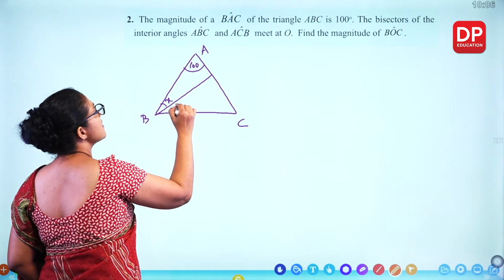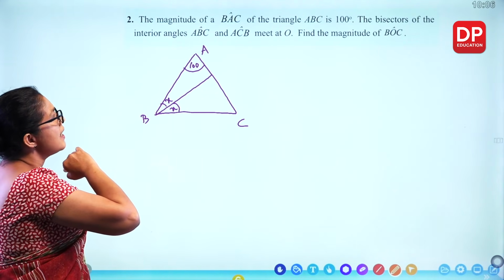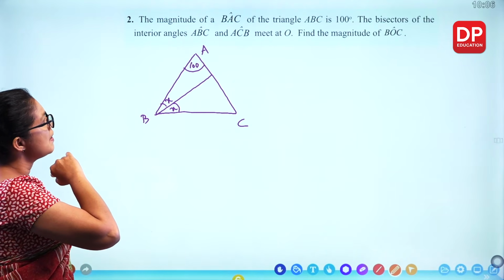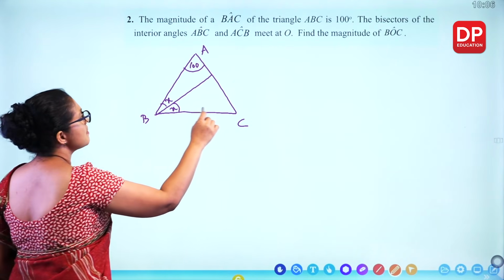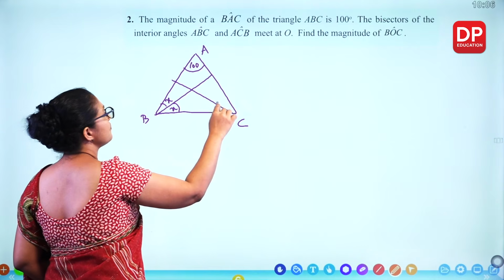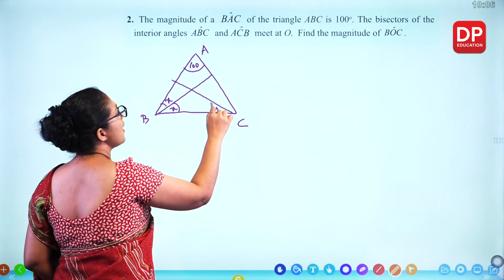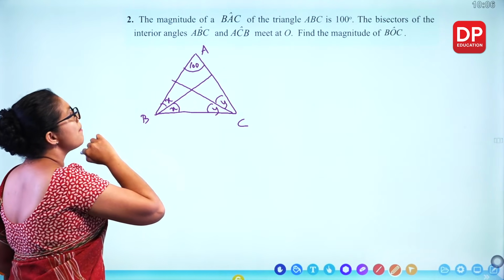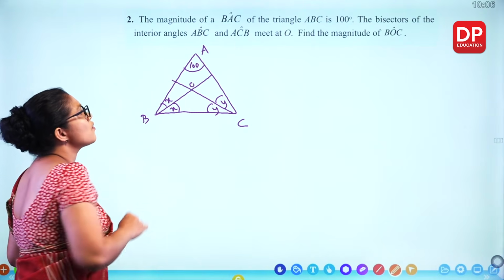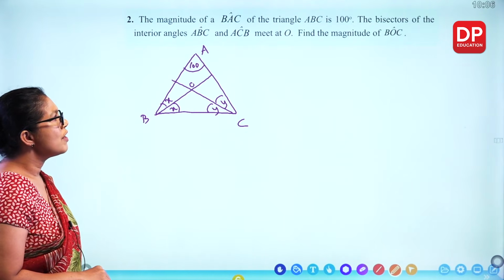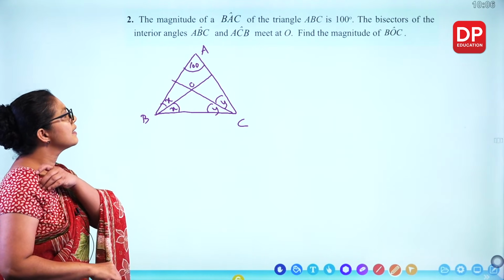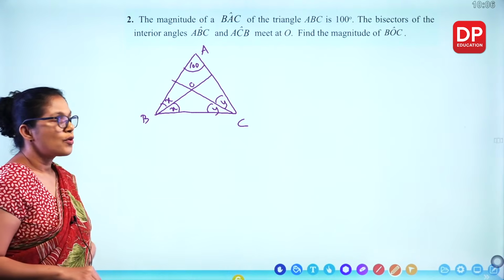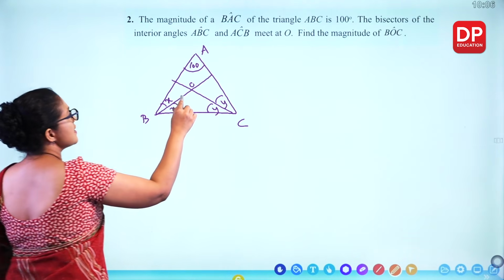If this is X, this is also X. And ACB, this bisector, I can put Y and Y. Meet at O. So this is O. Find the magnitude of BOC. So that's this angle.